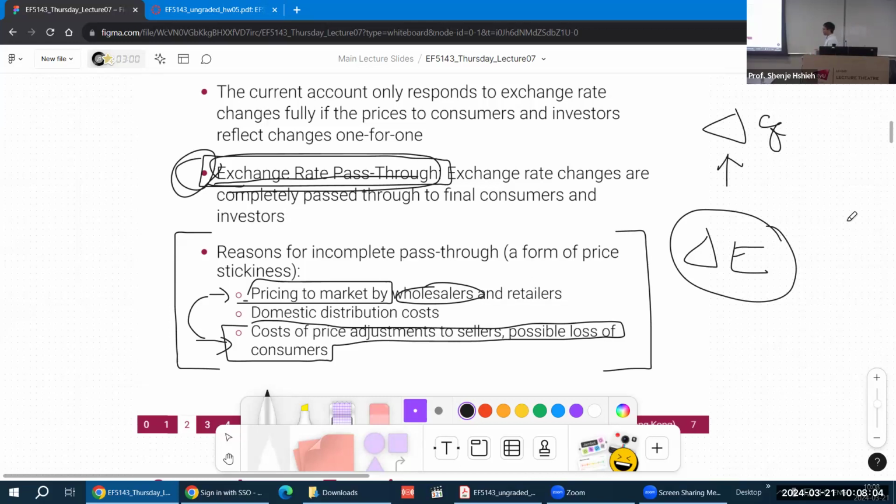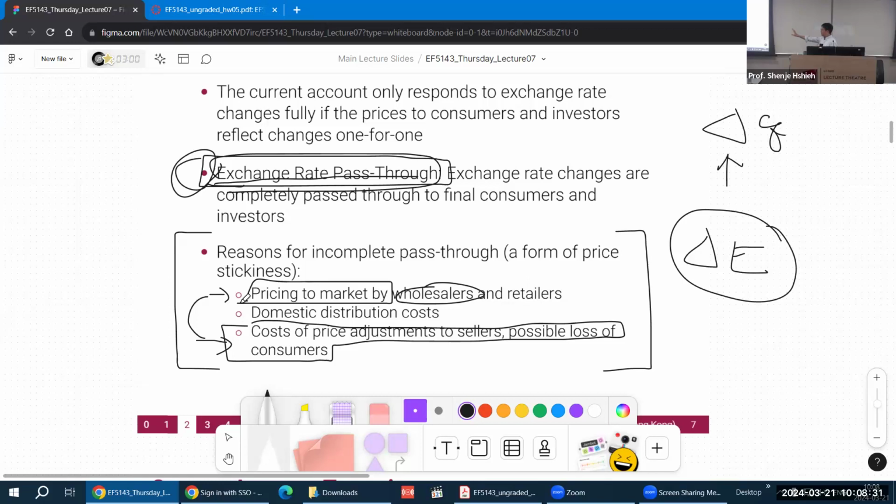If that's true, maybe they just keep prices the same so that they can make a loss, maybe for a short term, and then recover those profits later on. But the objective, of course, is so they don't lose market share, right? They don't want to lose their customers. So another reason why you don't see prices change when you see E change, right? They may adjust their prices accordingly so that the final price is the same, right?